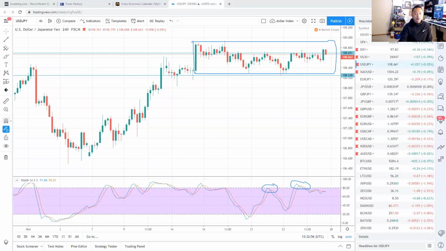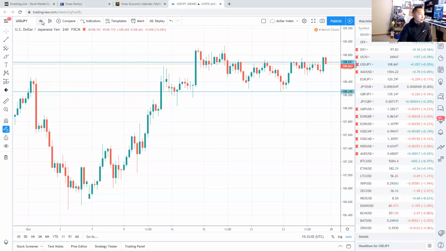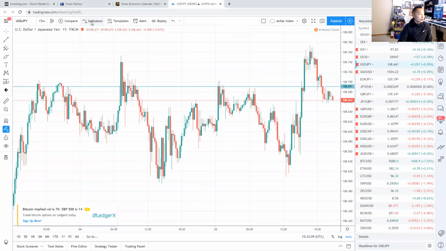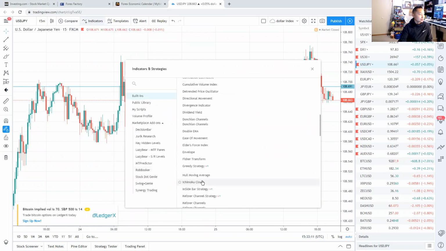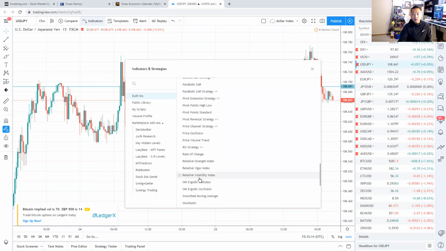So I'm going to take off the Stochastic here, and I'm just going to hop down to the 15-minute chart. I'm going to give you guys the RSI, then I'll take the RSI off and run into MACD.